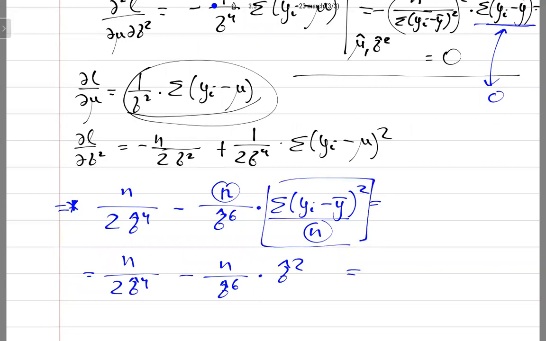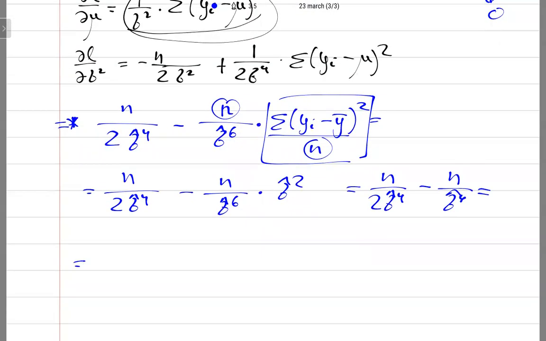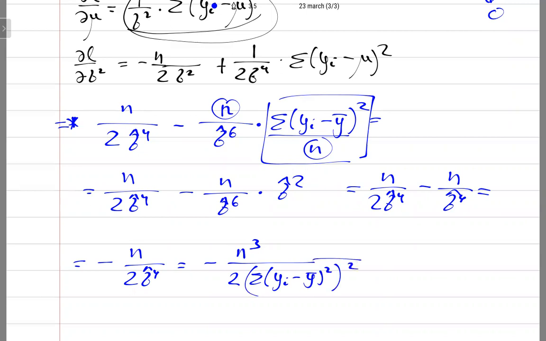And I will basically have n over 2 sigma power 4 minus n over sigma power 4. And I will have a minus n over 2 sigma power 4. And I may write it like minus n cubed over 2 times the sum of y minus y bar squared outside. Okay, any questions? Or is everything clear? Everything is clear.